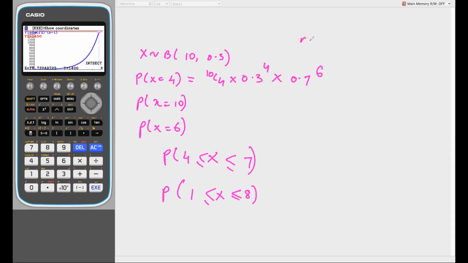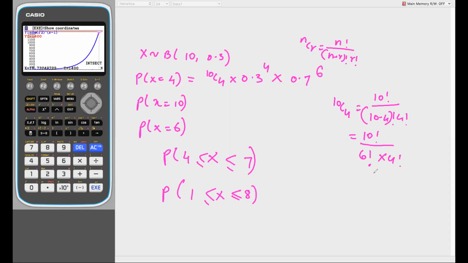The formula for nCr is n factorial over (n minus r) factorial times r factorial. So if you want to do 10C4, it can be written as 10 factorial over (10 minus 4) factorial times 4 factorial. So that is 10 factorial upon 6 factorial times 4 factorial.